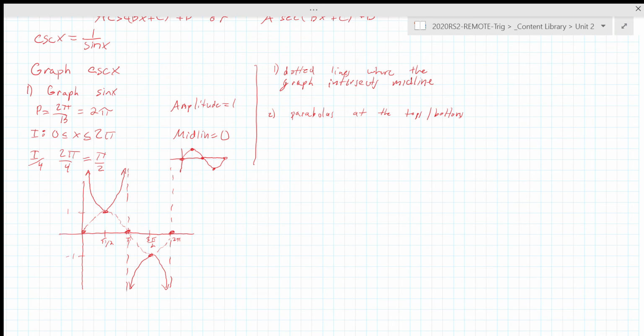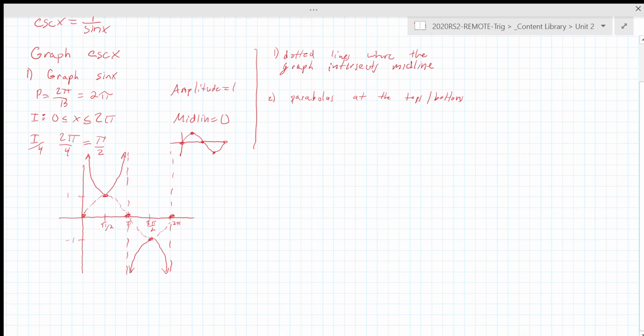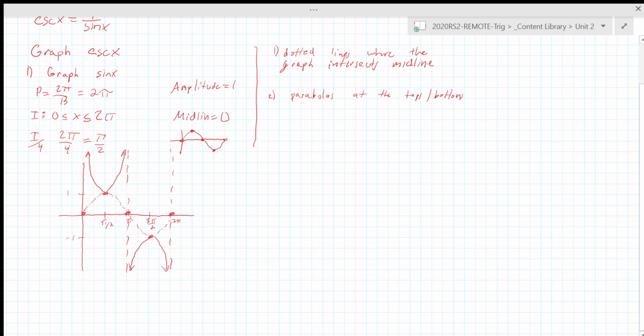All right, any questions on this so far? So these parabola parts, this is the cosecant of x.